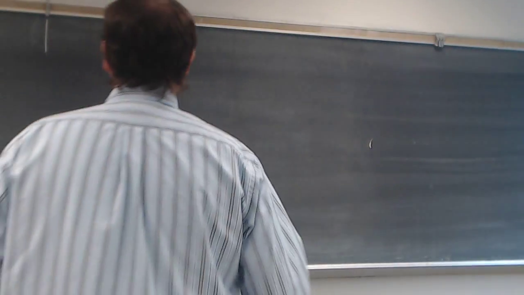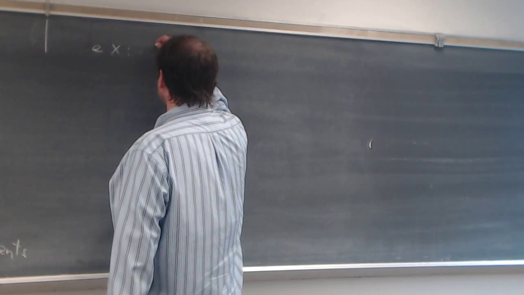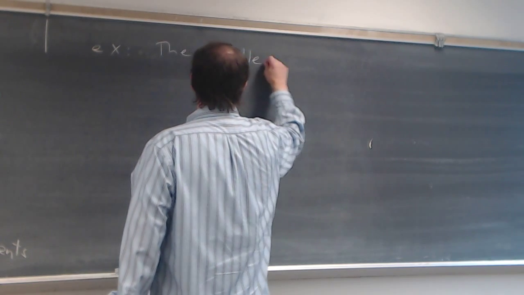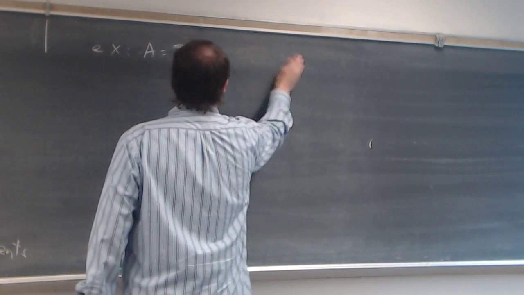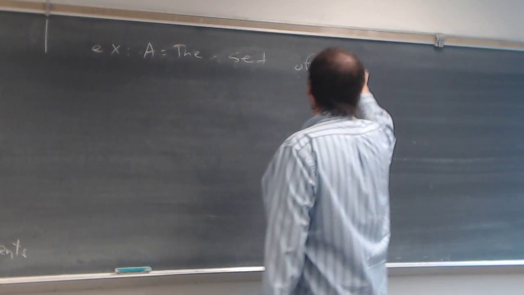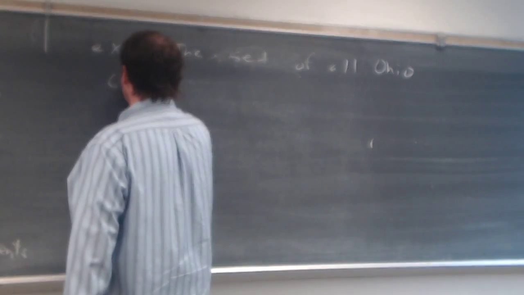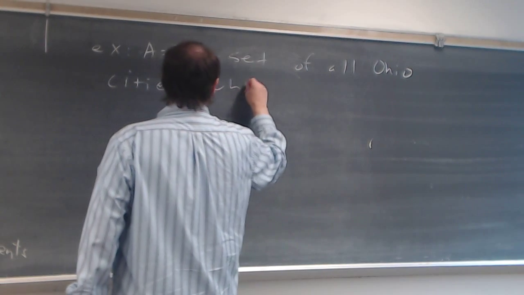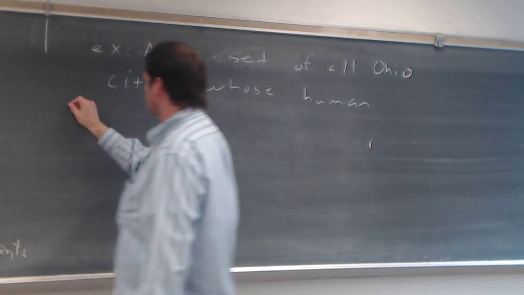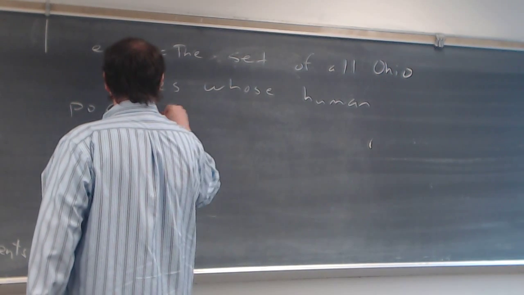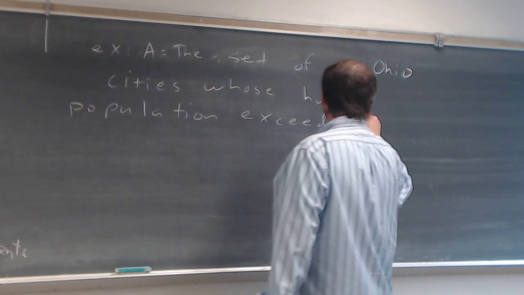Okay, so as an example, let's define this set to be A. It's the set of all Ohio cities whose human population exceeds 1 billion.